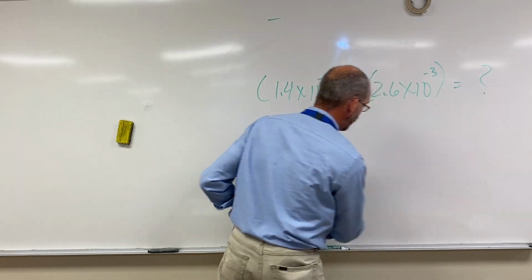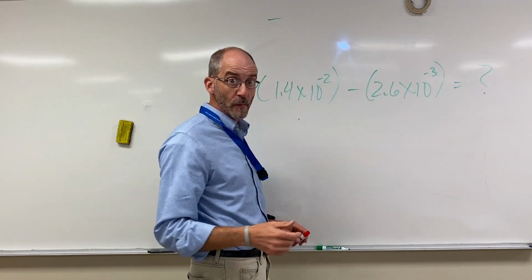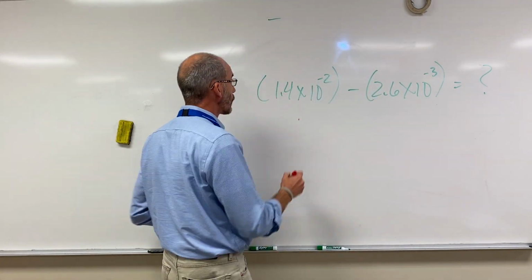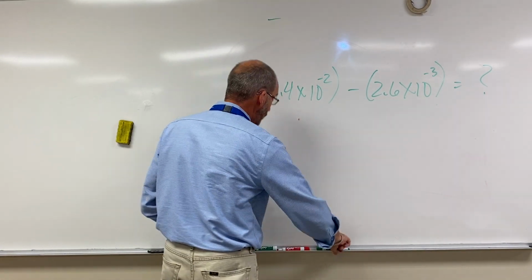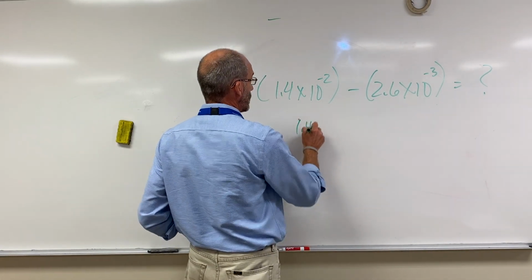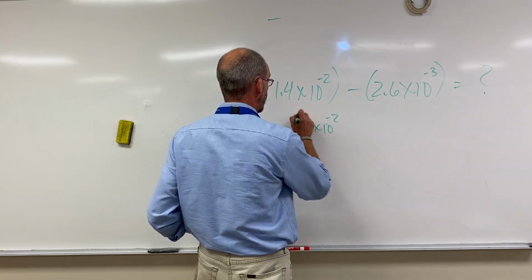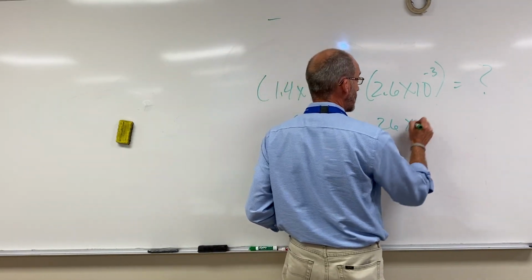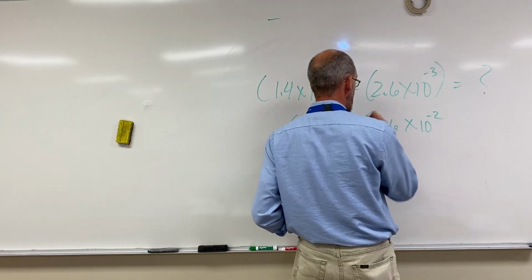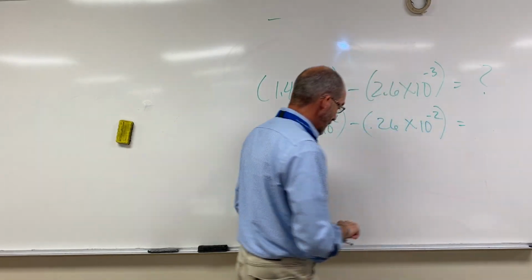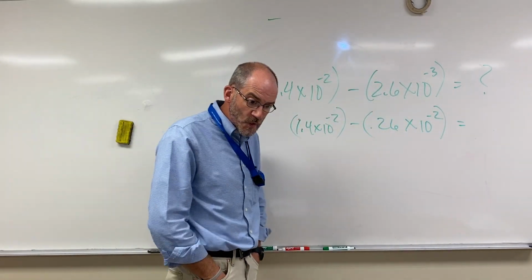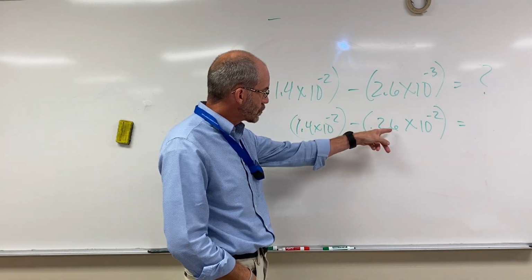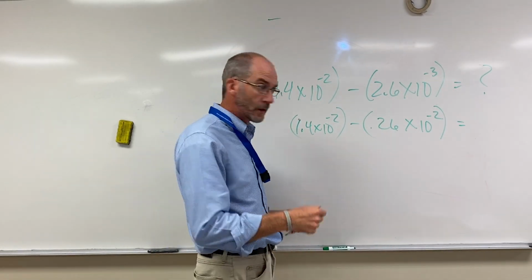So here we go. So here's how we're going to do the problem. We're going to say, okay, so 1.4 times 10 to the negative second minus 0.26 times 10 to the negative second. Now, at this juncture, you may say, well, okay, look.